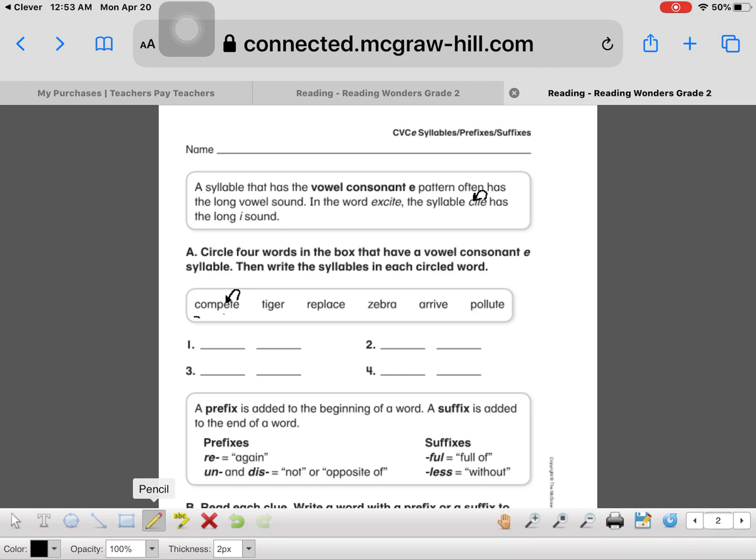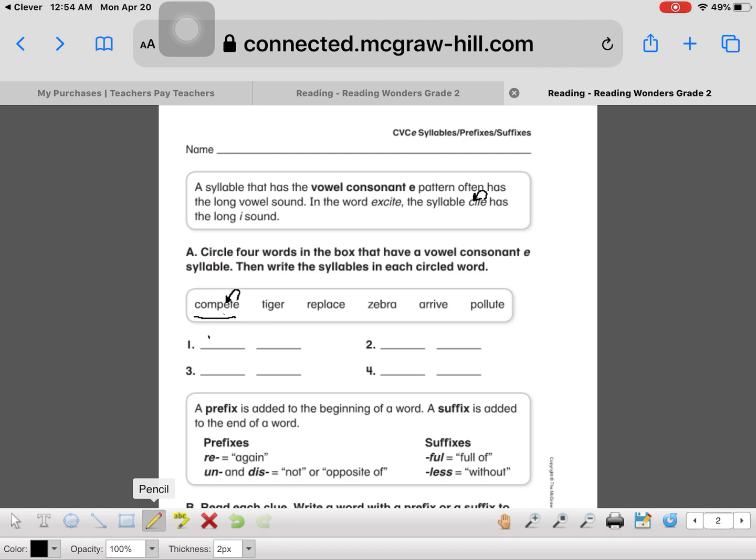So in that word, compete, we're going to break it apart into syllables. You can take your hand and put it under your chin, and then when you say the word, however many times your mouth goes down, that's how many syllables there are. So let's say it, compete. Okay, so there's 2 and there's 2 spaces there.